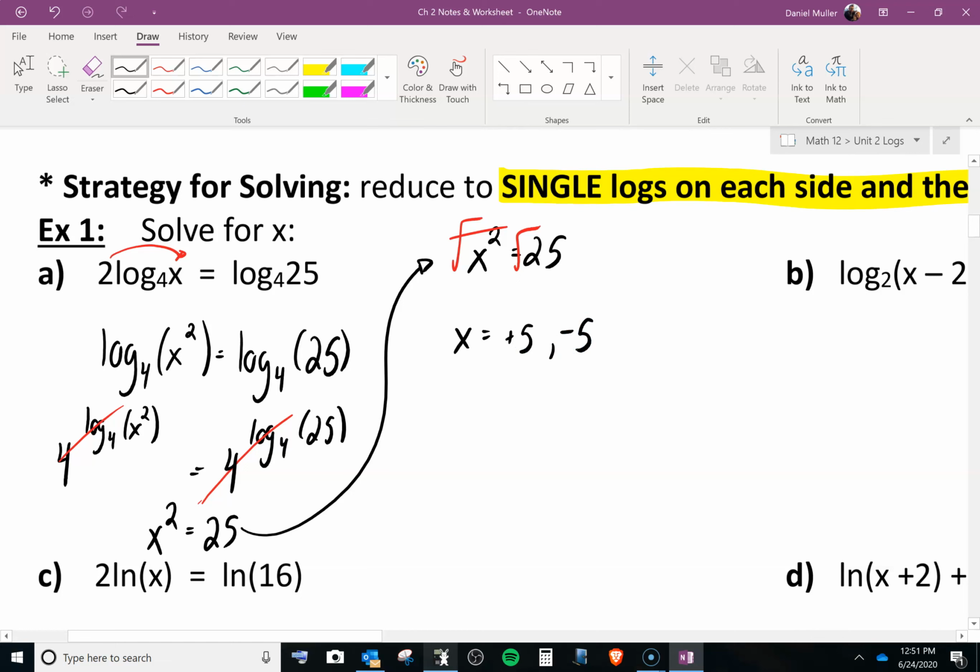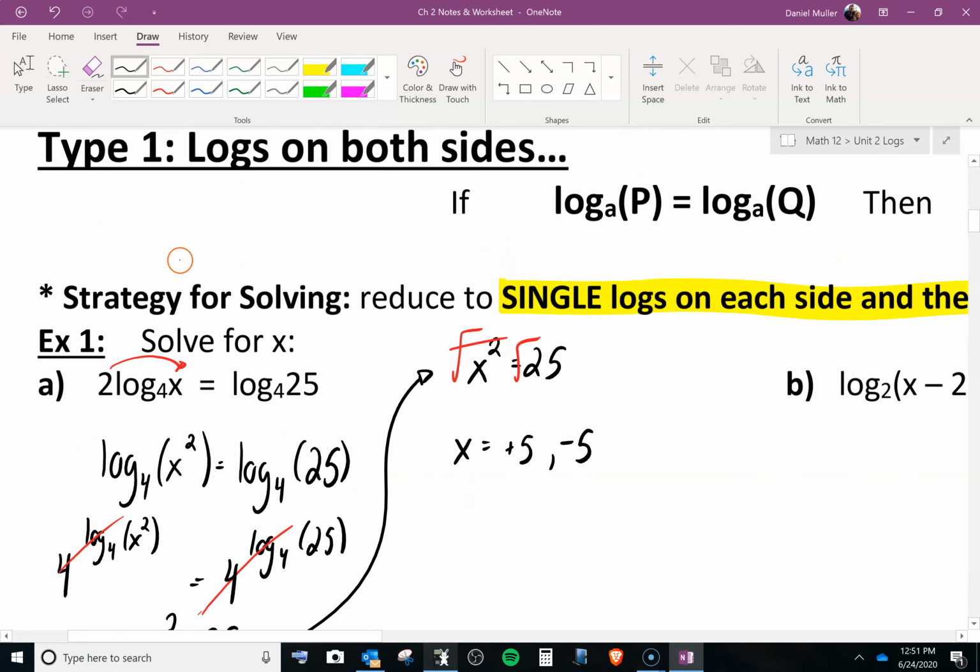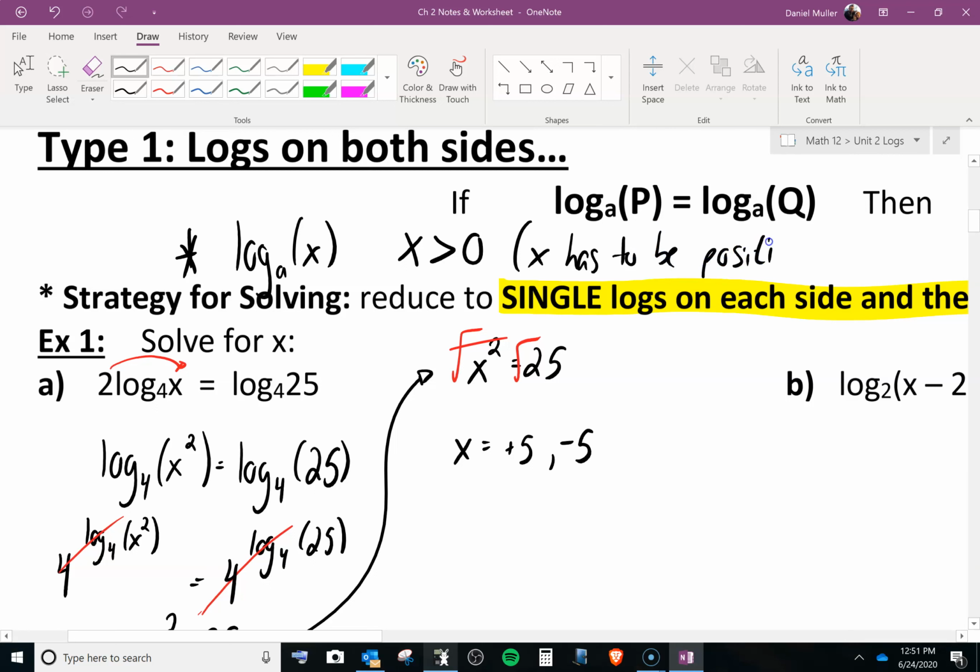Now one of the things that you have to remember is that, and maybe you can write this somewhere, it doesn't matter what base it is, so log a of x, whenever you have that, x has to be bigger than 0. It can't even be 0, meaning x has to be positive.